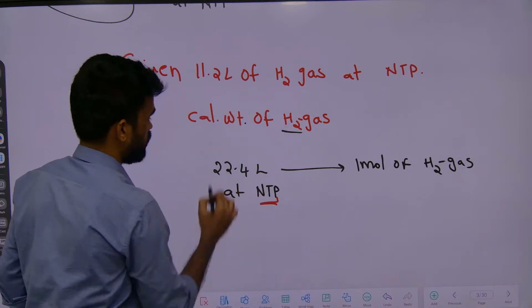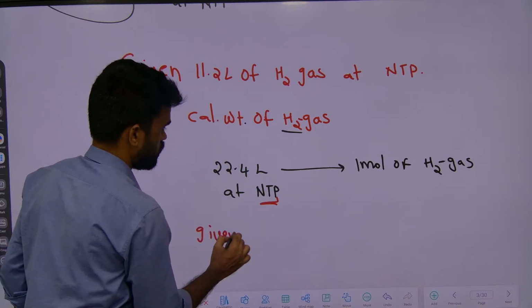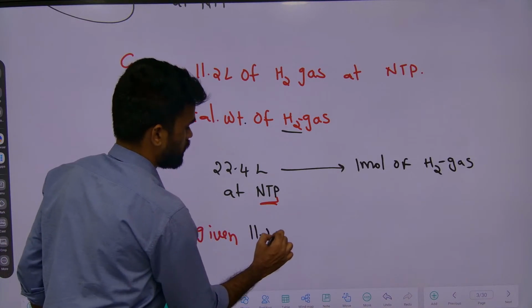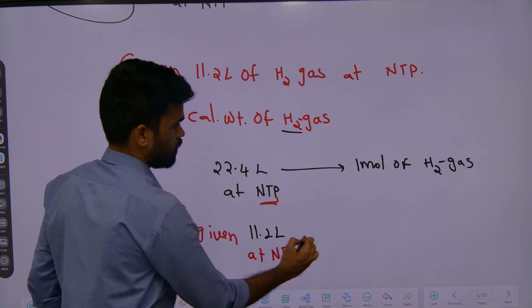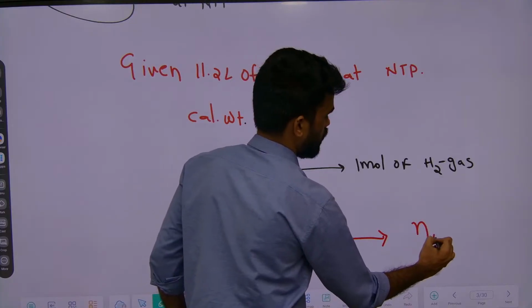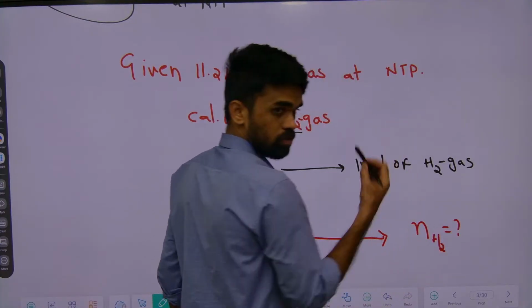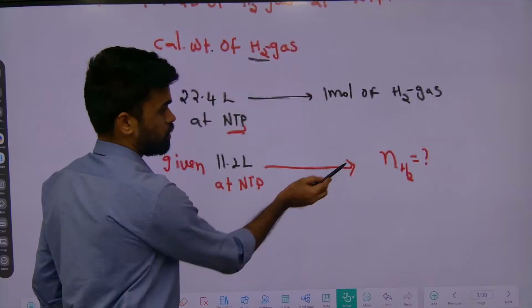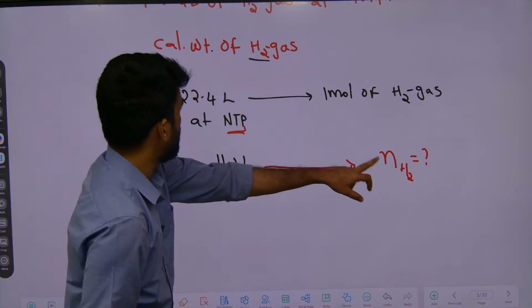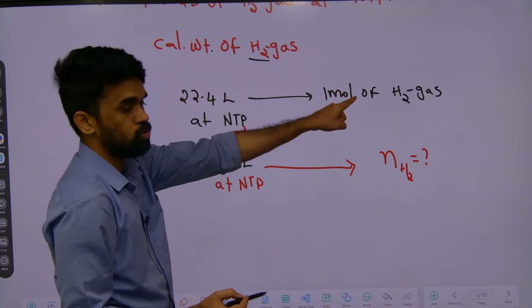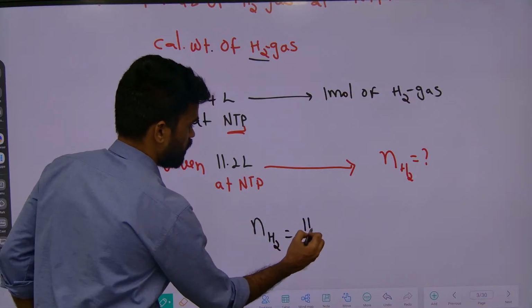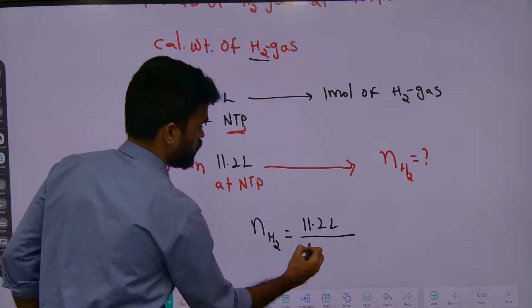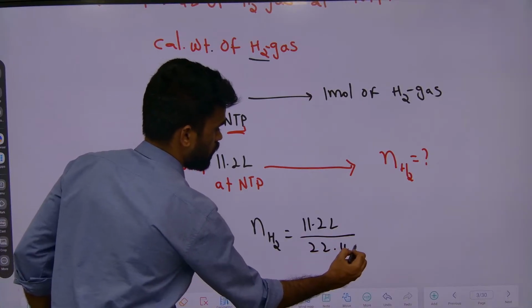Now, given 11.2 liters at NTP, find the number of moles of H2. Use the unitary method. Finally we will get n of H2 equals 11.2 liters by 22.4 liters.